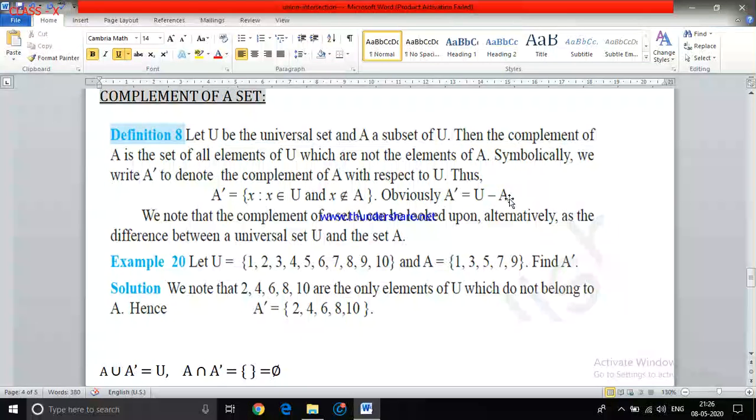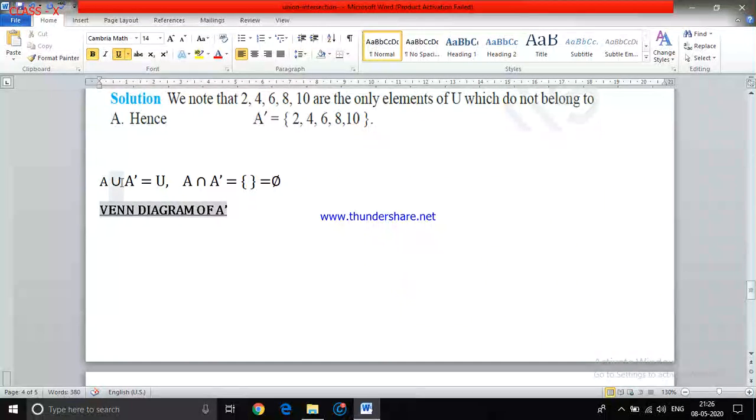My complement definition says A complement has all those elements from U which are not elements of A, which is again the subtraction of two sets only. A is subtracted from the universal set. That will give you A complement. And remember these two properties: A union A complement will always give you the universal set, and set A intersection with A complement will always give you the empty set.